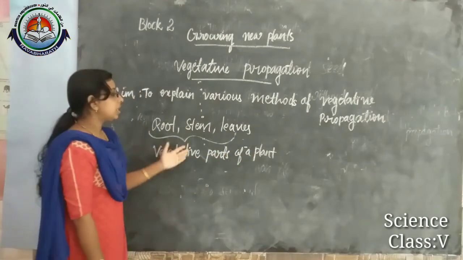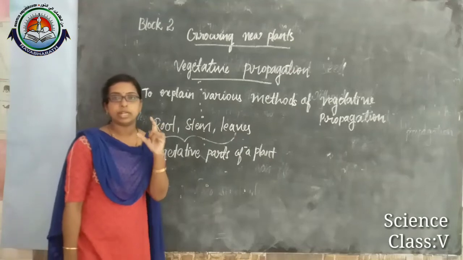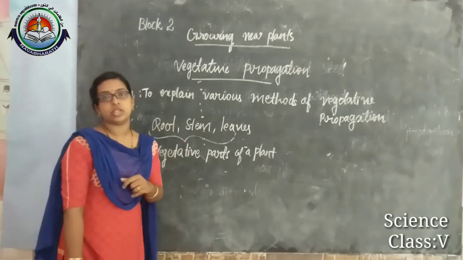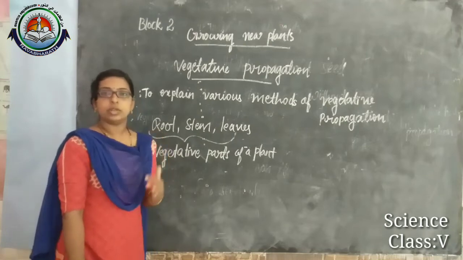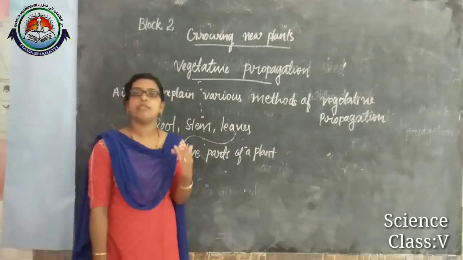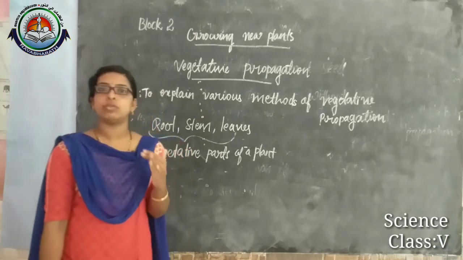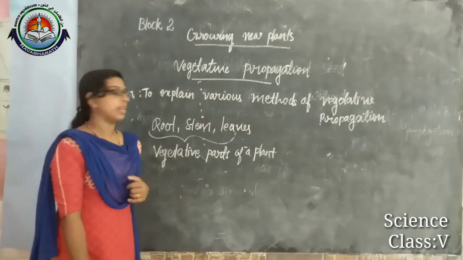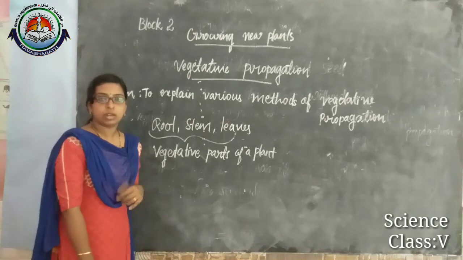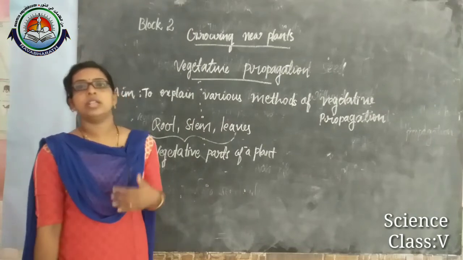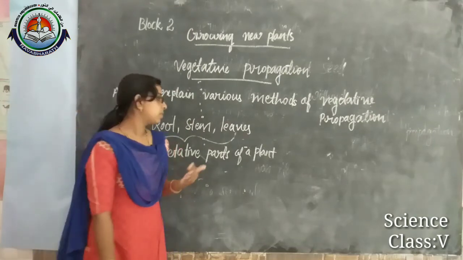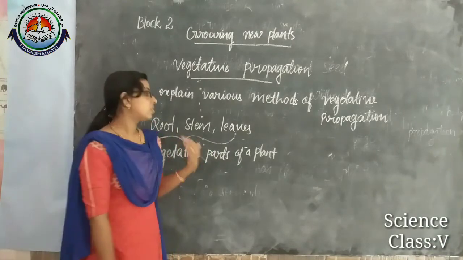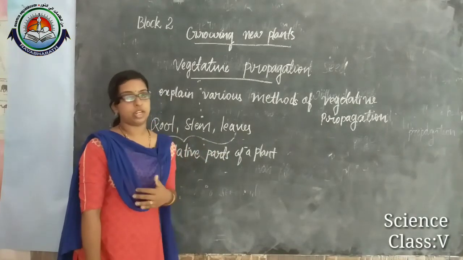Okay, so you should learn each method. If it asks what you mean by root vegetative propagation, you can say that the formation of a new plant from the root of the plant is considered root vegetative propagation. And what is stem vegetative propagation? When new plants form from the stem of a plant, we say it is stem vegetative propagation.